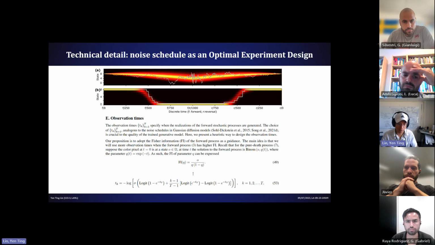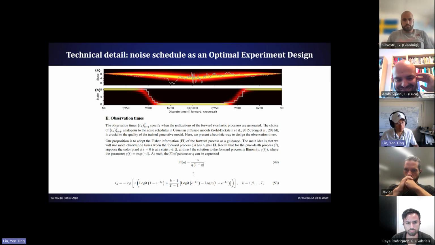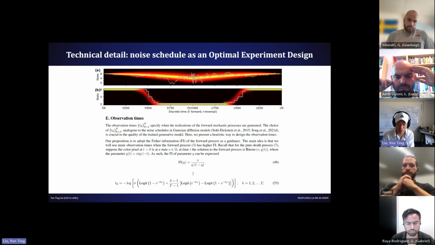And we came up with a very heuristic approach, which relies on the Fisher information of the forward process. I should say this is not theoretically sound, but it gives you one answer, and it's no worse than putting in a cosine schedule or a linear schedule. Of course, the process is not the same as the Gaussian diffusion, so most of the Gaussian diffusion noise schedulers don't work.